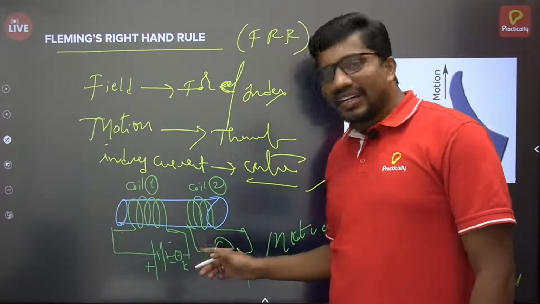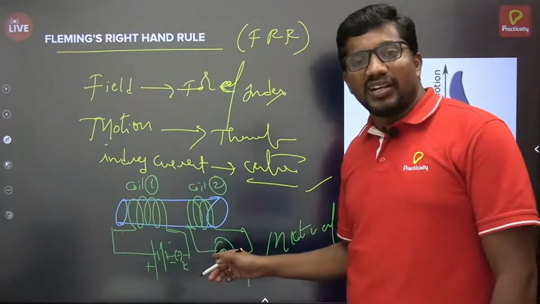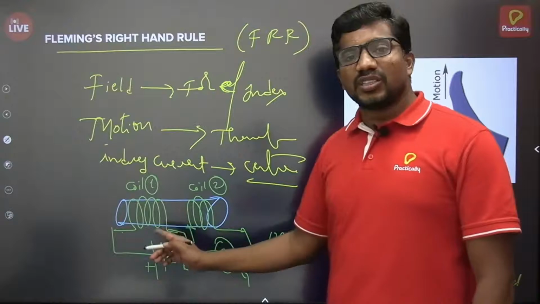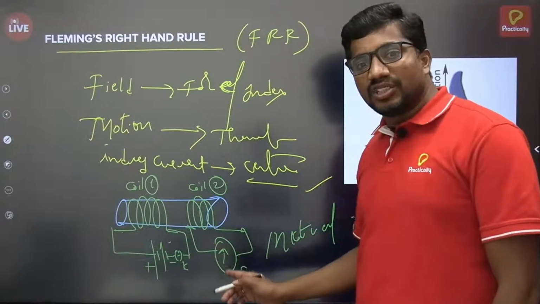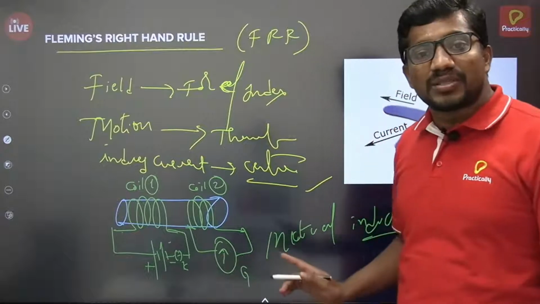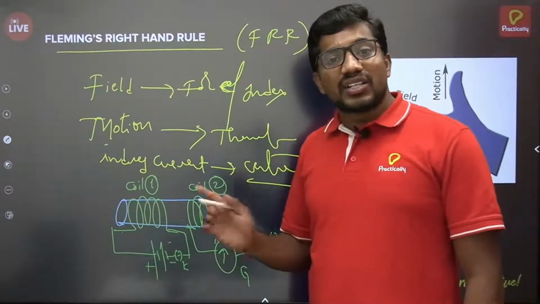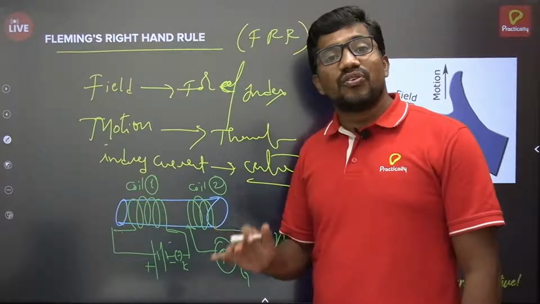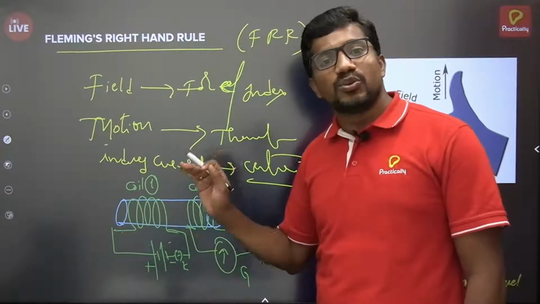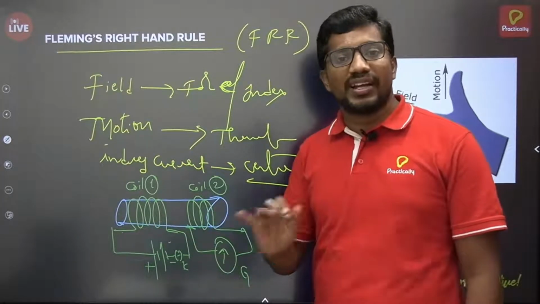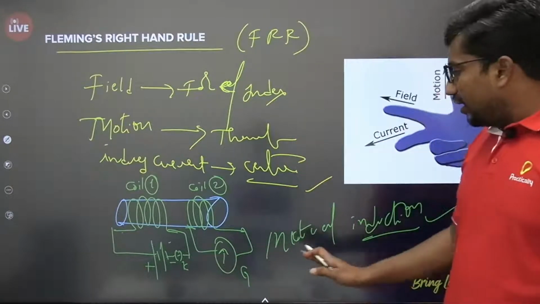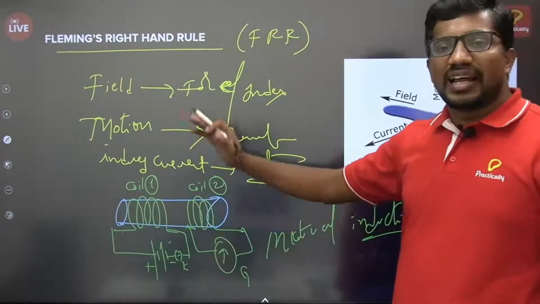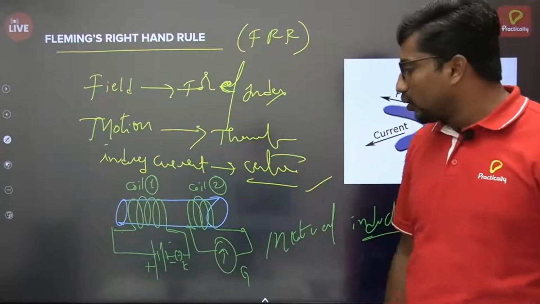There is no direct voltage supply to coil 2, but because of current in coil 1, current is induced in coil 2. All the transformers you see work on the principle of mutual induction. Okay, this is about mutual induction, electromagnetic induction, and Fleming's right hand rule.